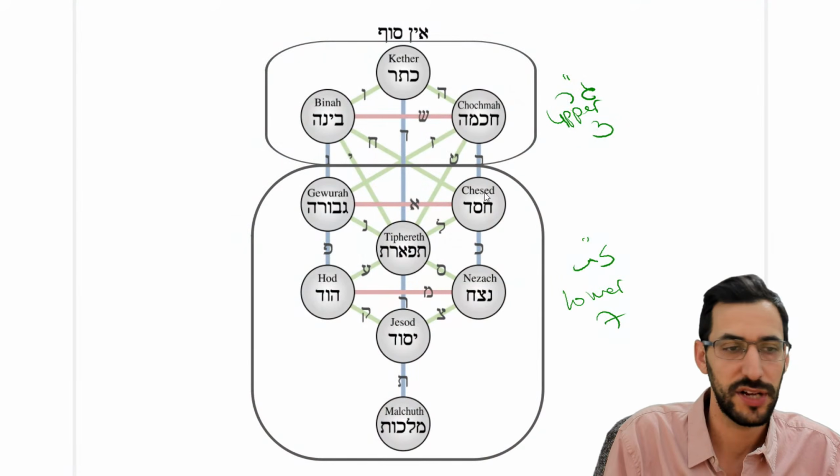Let's start off with Keter. So first of all, where is Keter? Wait, you don't see the drawing board, do you? One moment. All right, so now you see the drawing board.